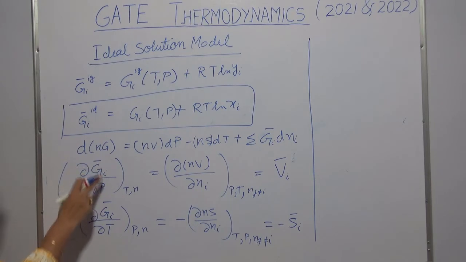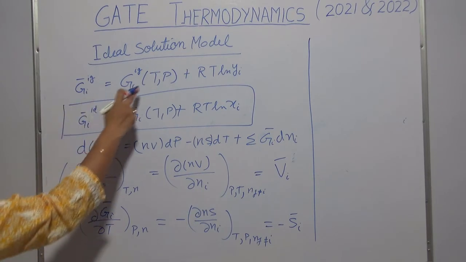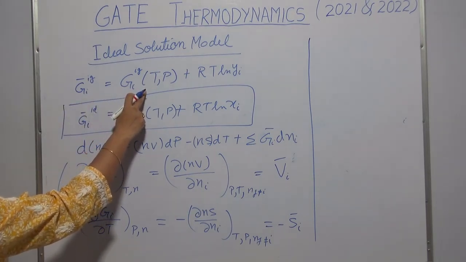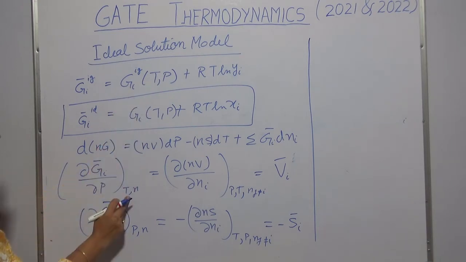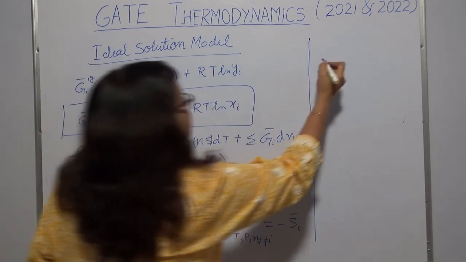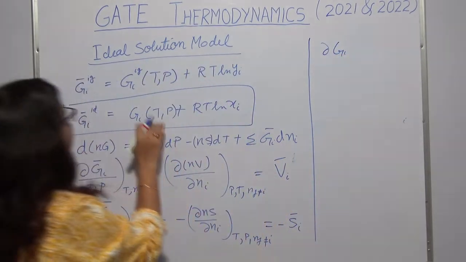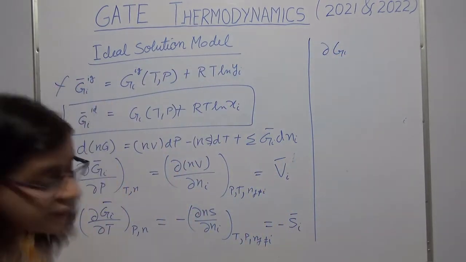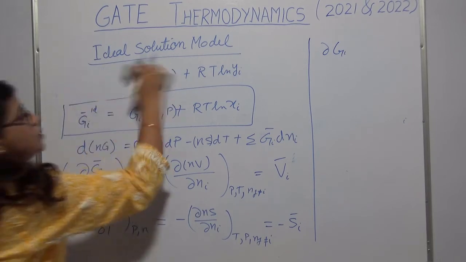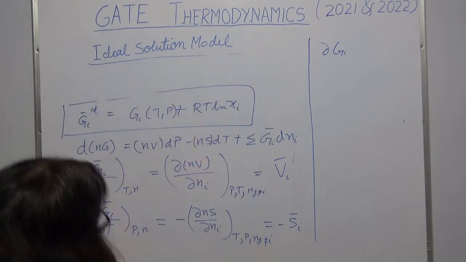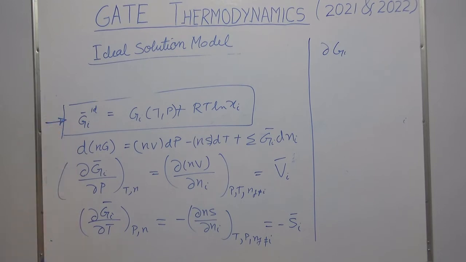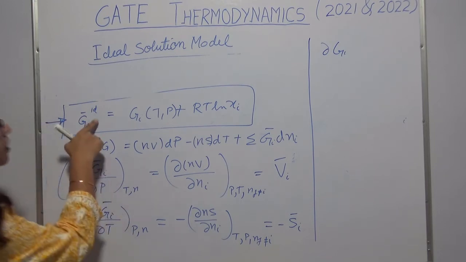So ∂Gi bar by ∂P, I have to take the differential of this. Not this one, sorry, this is for ideal gas, it's creating confusion, so I am going to erase this. I have to differentiate this equation, since I have to derive for ideal solution.